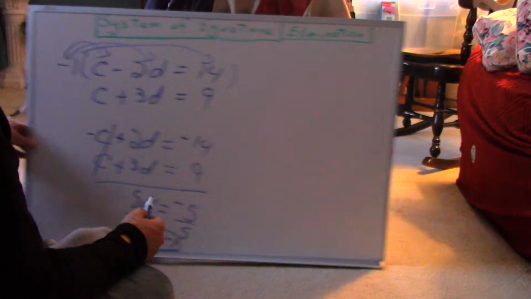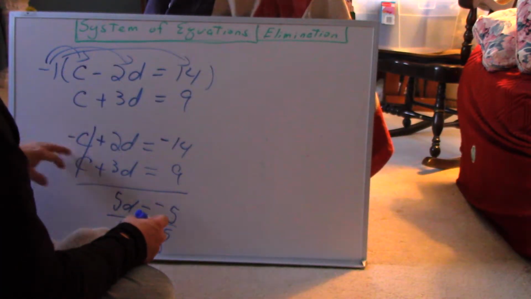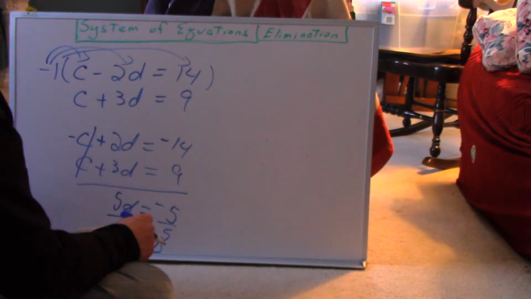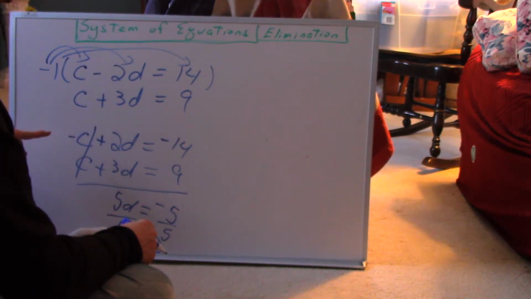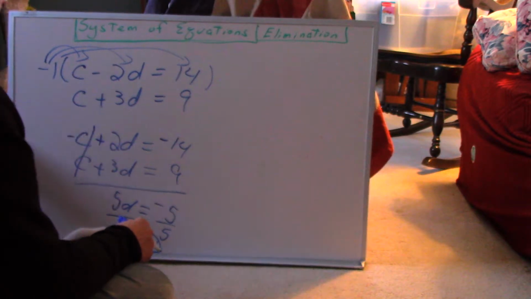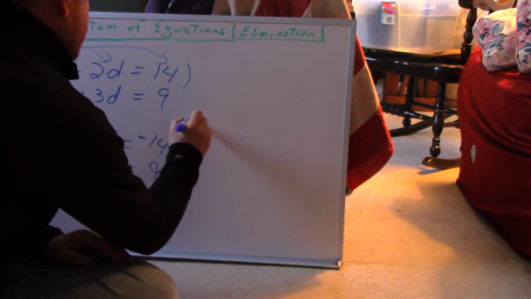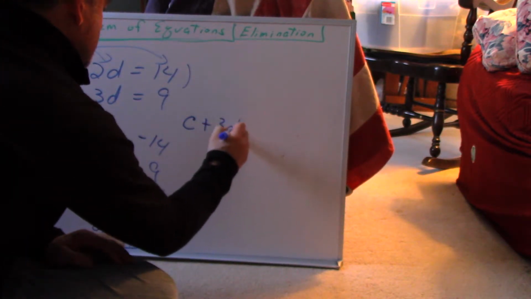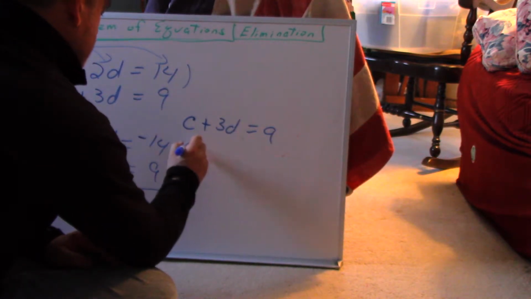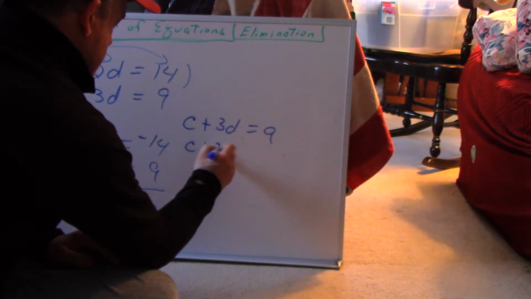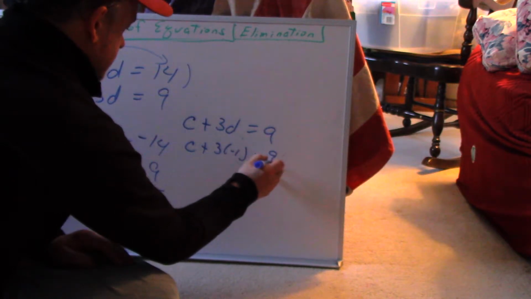Now what's c? So now I go back to an original equation. I do not use any equations that I have created through multiplying. I go to original equations. And I can use the bottom one. I'll show you. C plus 3d equals 9. C plus 3 times negative 1 equals 9.